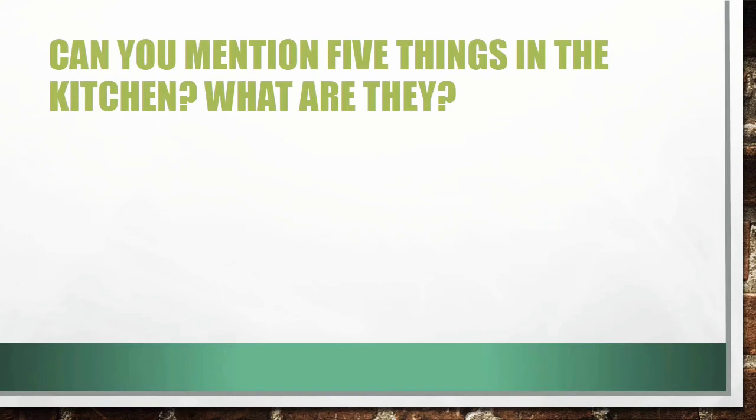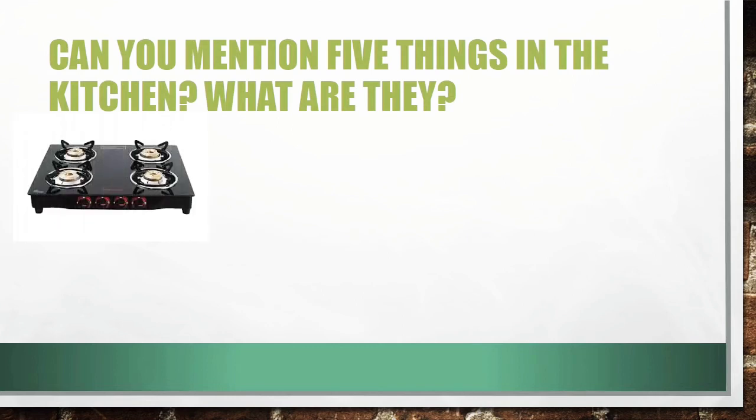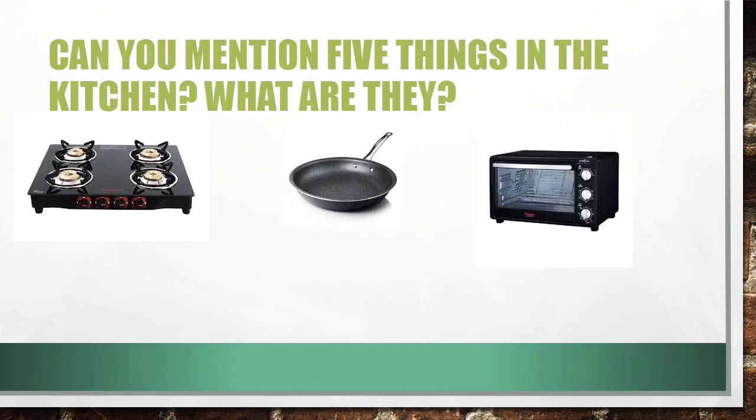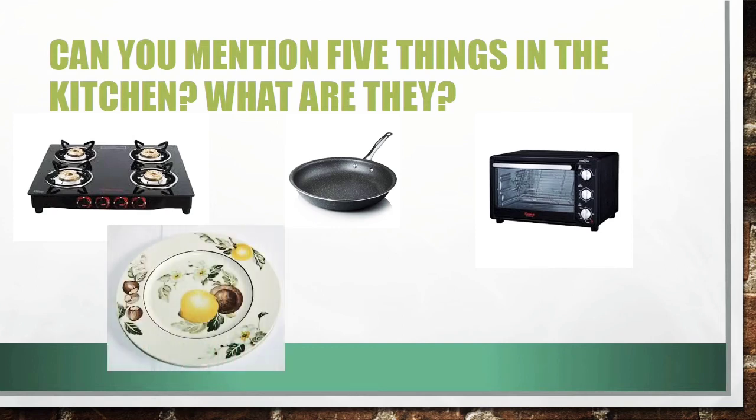Can you mention 5 things in the kitchen? What are they? There is a stove, and then a frying pan, and then a microwave, and there is a plate of course, and there is a spoon.